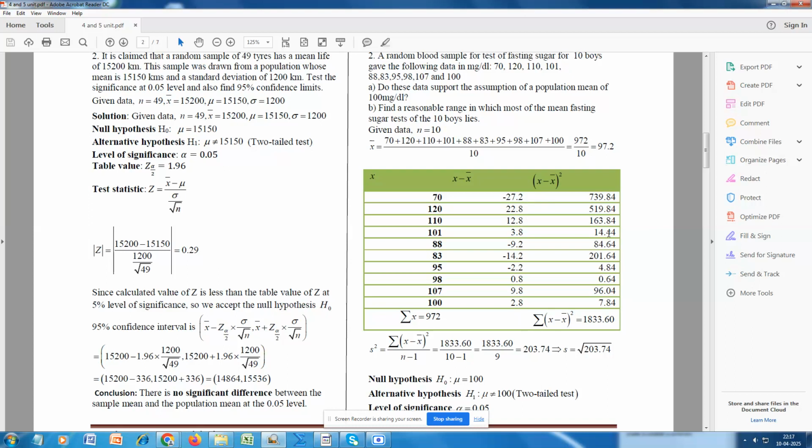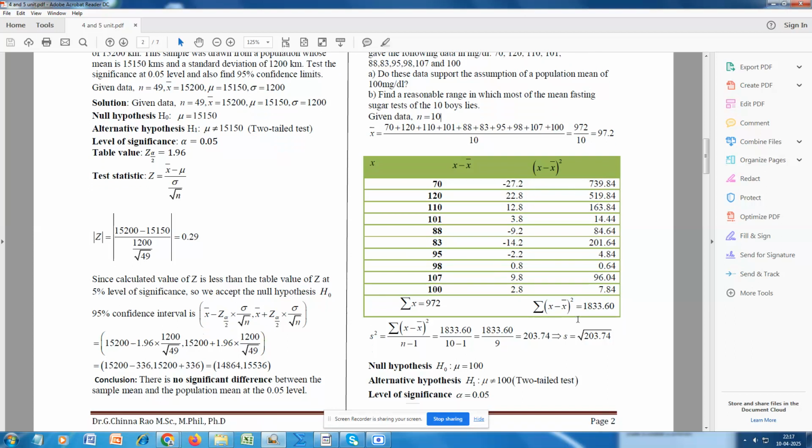We can find similarly. And also calculate x minus x bar square. Minus 27.2 whole square, we can get 739.84. 22.8 whole square, 519.84.